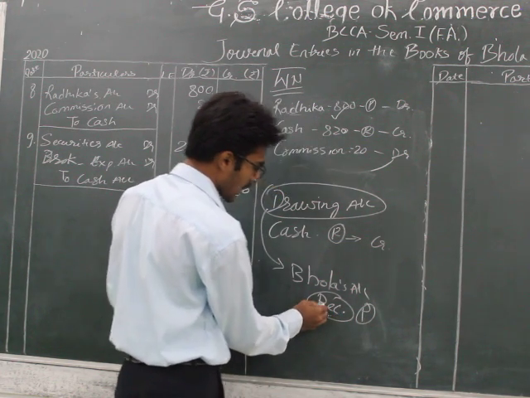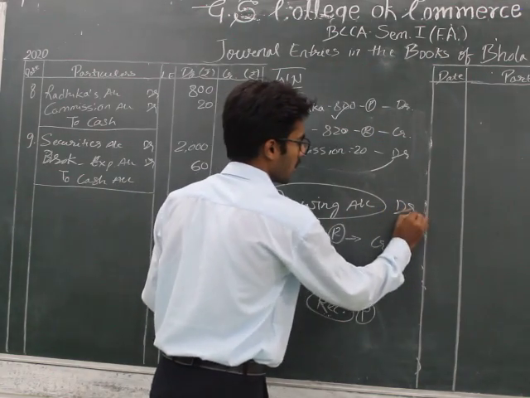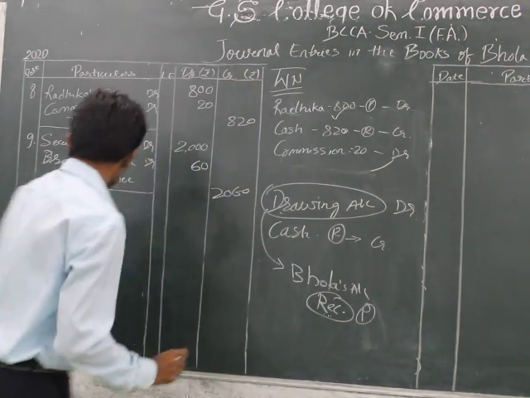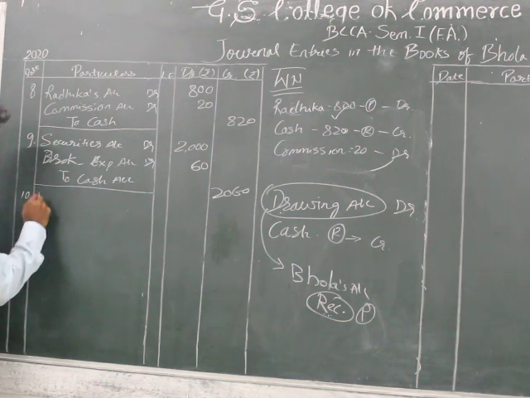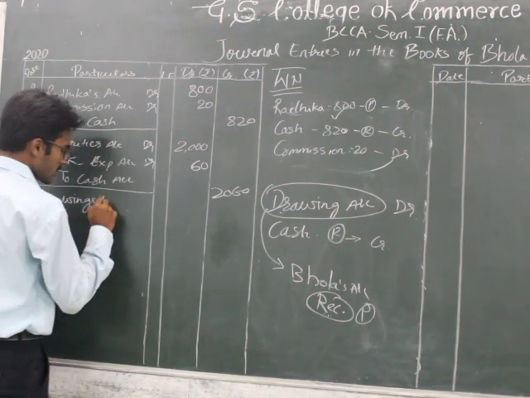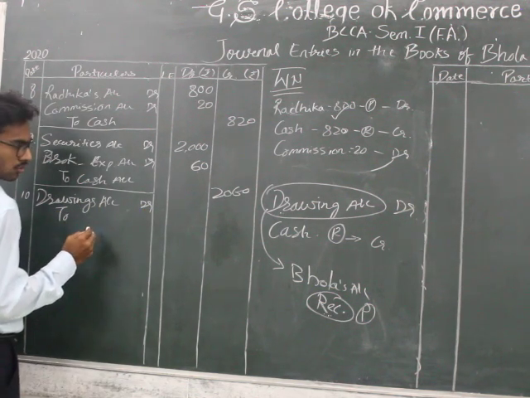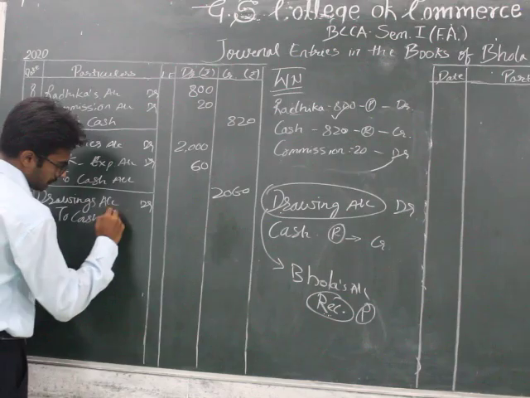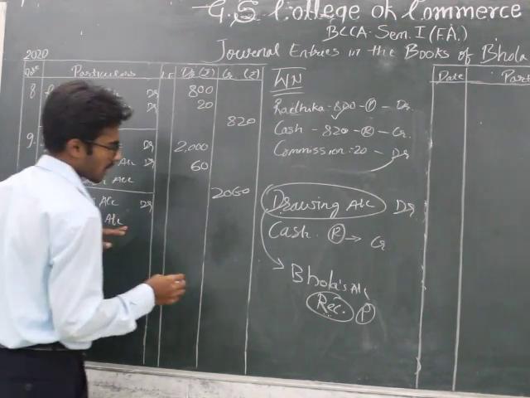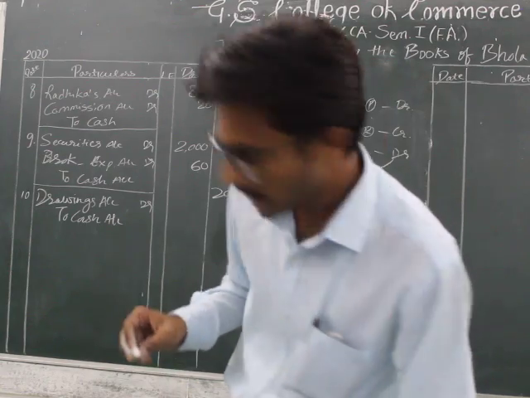This one is a receiver, that's why Bhola's account, that means the drawing account will be debited. Understood? So the entry will be drawings account debit to cash account, and the amount is 600.